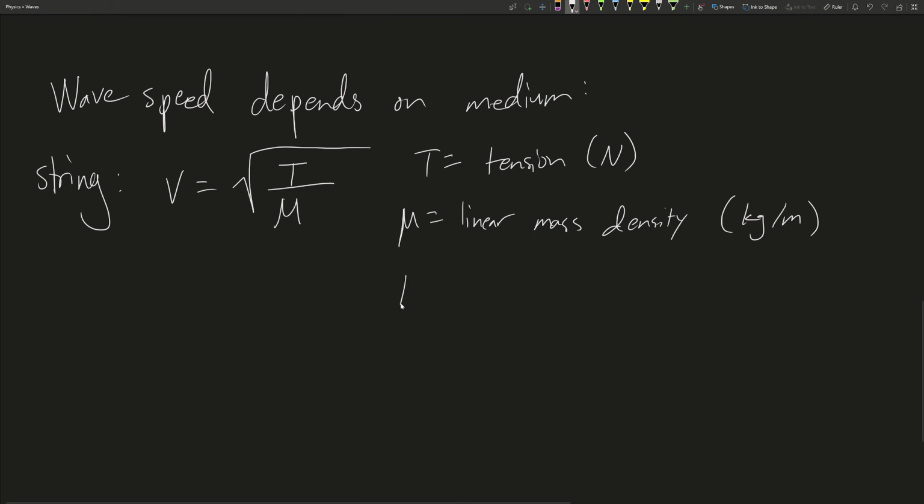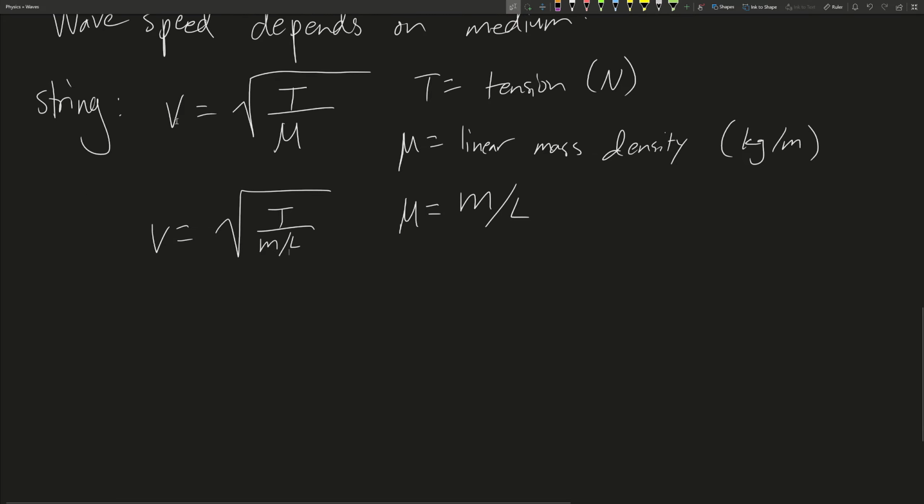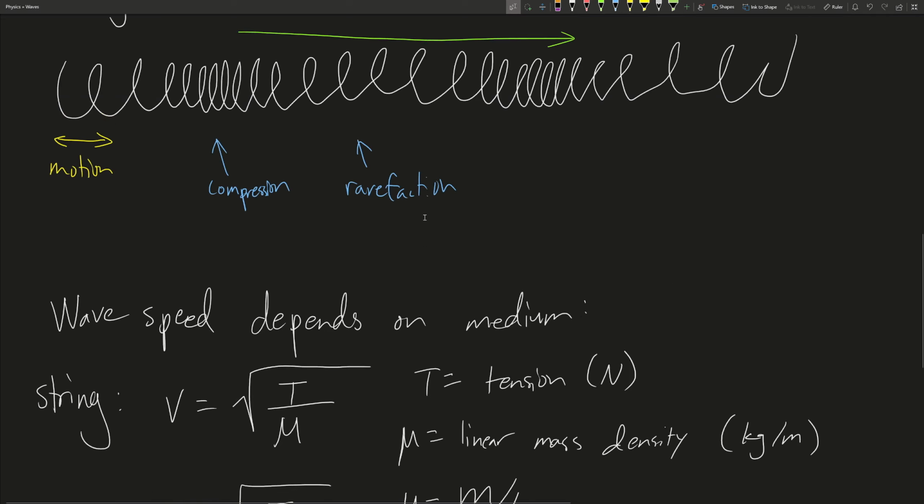And this mu is just equal to the mass divided by the length. So you can see that v is equal to the square root of T divided by mass over length, or T times length divided by mass. But that is the speed of a wave on a string. And these are the only factors that impact the speed of a wave on a string.